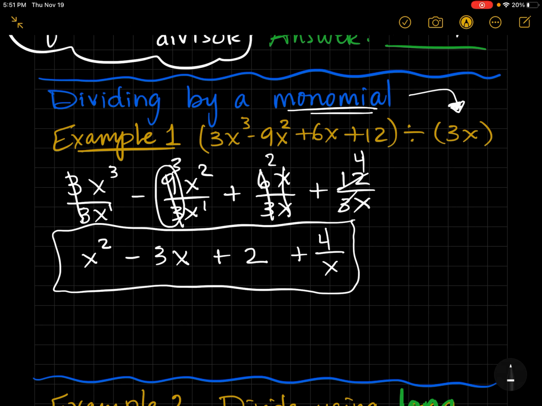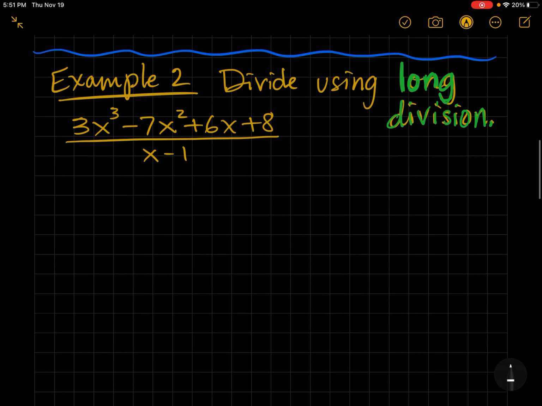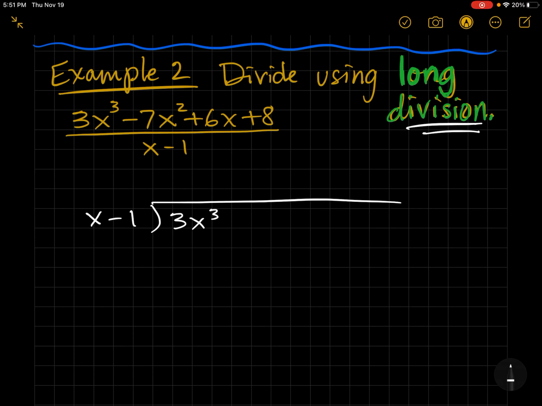Okay. Now, we're going to kick it up a notch. Oh, yeah. We're going to divide by a binomial this time, and we're going to use long division. So we're going to set it up the same. The divisor goes outside the dividend, which is our numerator.